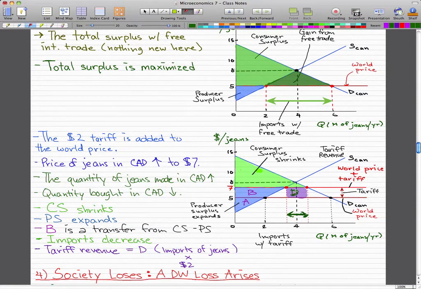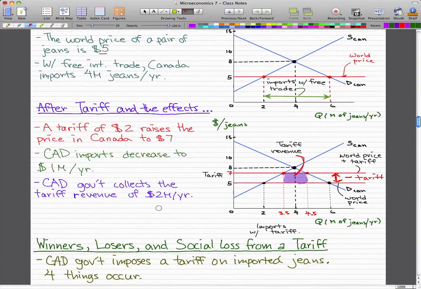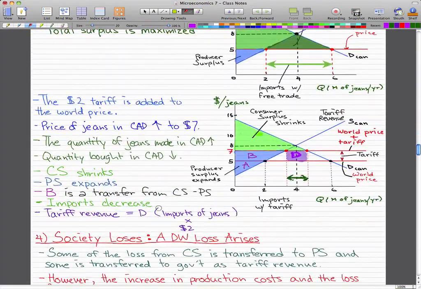So this is D, and I will not use green, and I will try to use pink. So that's area D. So tariff revenue equals area D, and we get D by taking the imports of jeans, which is 1 million imports times $2, which is the $2 tariff, to get a tariff revenue of $2 million per year, which is what I had up here before, $2 million per year. So that's how I got that number.